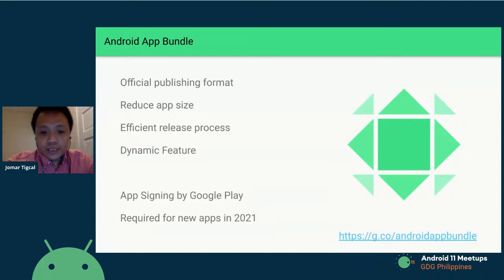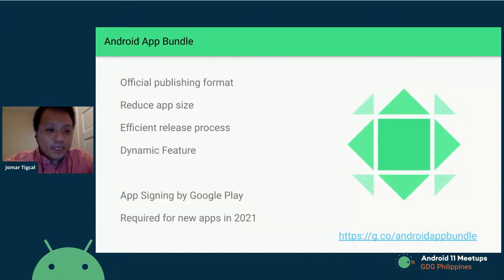You can just download it when it's the right time for that. Like for example, for scanning, you just download it on demand when it's needed. With Android App Bundle, you can do that.